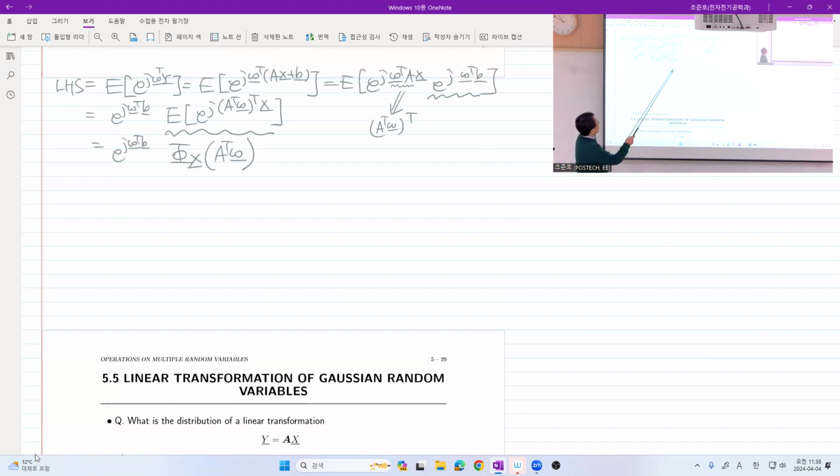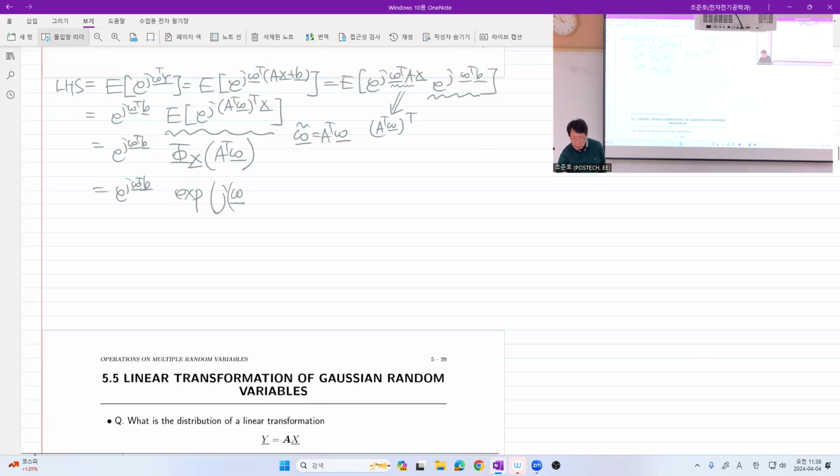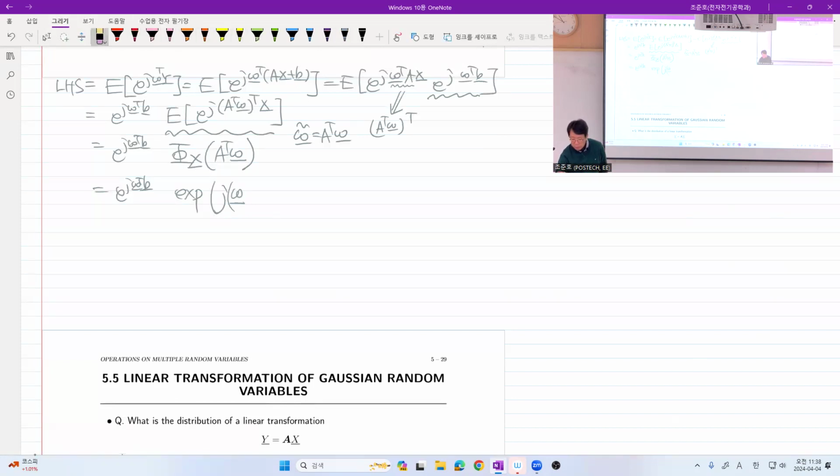Why? Because if this is omega tilde, then this is the characteristic function of x evaluated at omega tilde. And omega tilde is A transpose omega in this case. Got it? Now, what was the characteristic function of x? Exponential j omega tilde transpose mu x minus 1/2 omega tilde transpose the covariance matrix of x omega tilde, where omega tilde is A transpose omega, right?